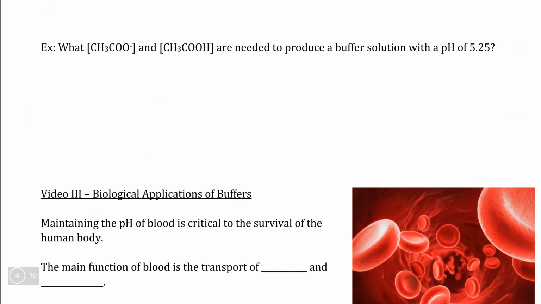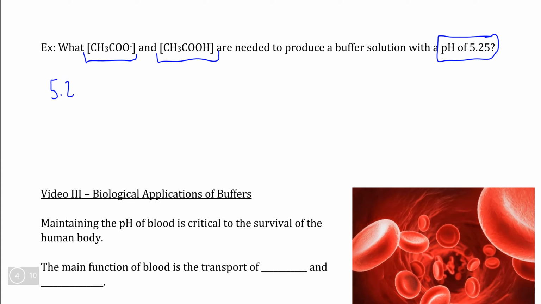The final application of the Henderson-Hasselbach formula that we can use is, let's say that we know what the pH of a buffer solution is that we want to make, but we don't know exactly how much acid and conjugate base we need to mix together in order to get a buffer with a pH of 5.25 in this case. Well, again, we can just solve for a different variable.